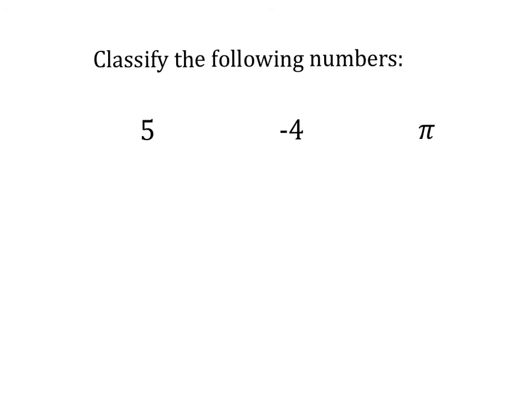All right, so let's practice using this flowchart type of thinking to classify the following numbers. First, the number 5. Is it rational or irrational? It is rational. We know that because it can be written as a fraction, we could write 5 over 1. Is it also an integer?